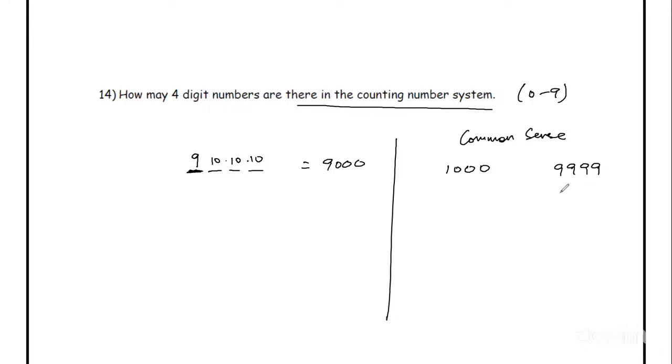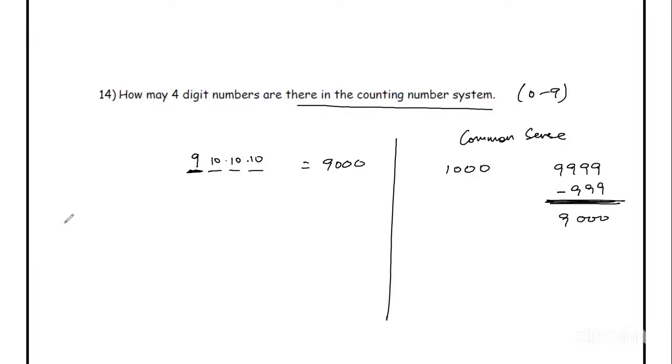And don't make the mistake of subtracting 1,000, because then you're getting rid of one of the 4-digit numbers, which is 1,000 itself. So always subtract one lesser. So you end up getting 9,000. If you subtract 1,000, remember you are deducting one 4-digit number, which is 1,000, so don't make that mistake.